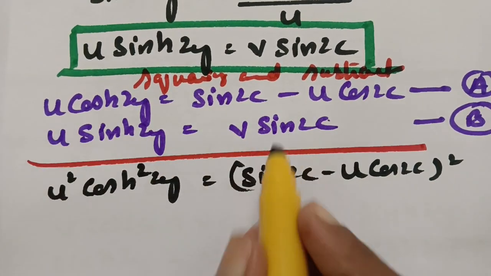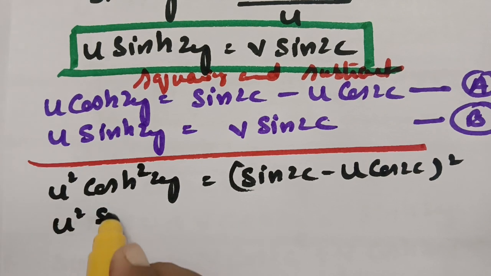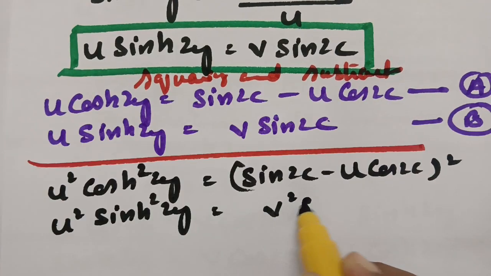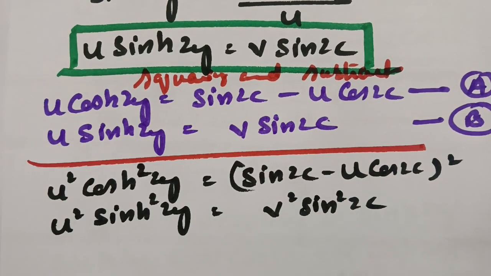And if I square the next equation, this is v square sinh square y is equal to v square sine square 2c.